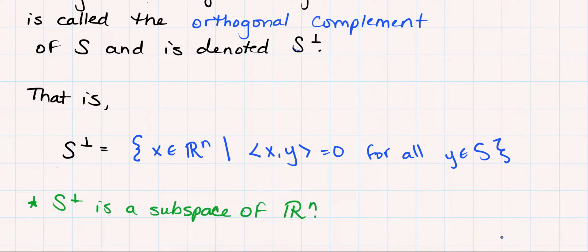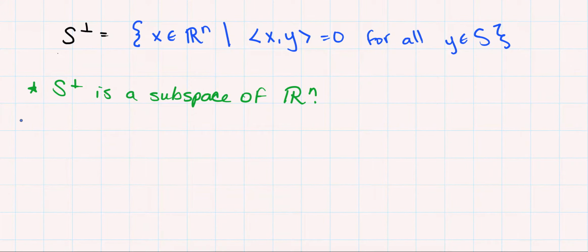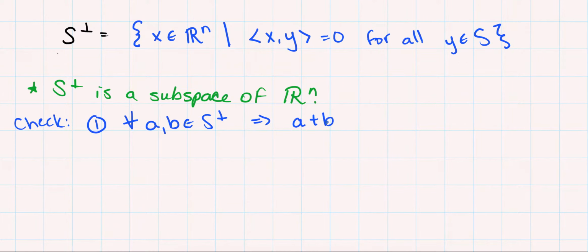Okay? One thing to note is this space, the orthogonal complement of S, is actually a subspace of Rn. Let's check this. The first thing I need to show is that for all vectors a and b in S perp, we also have a plus b is in S perp.